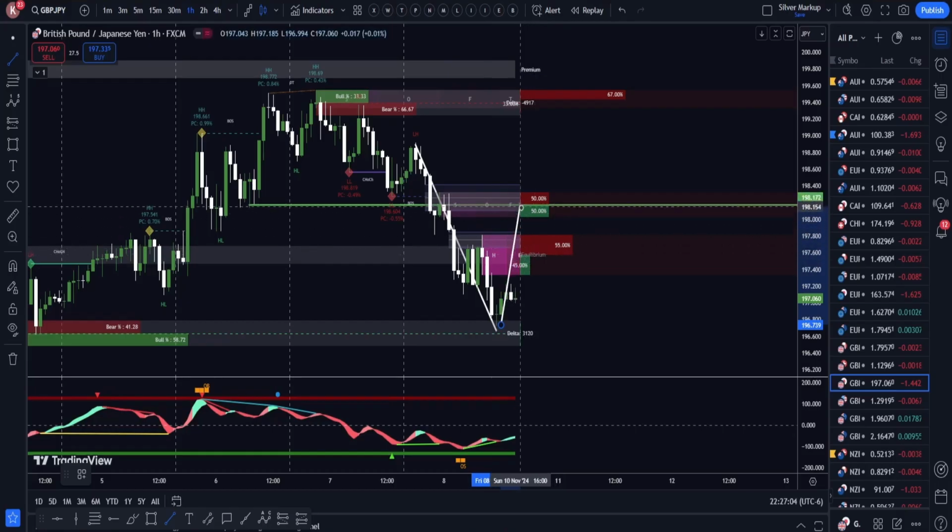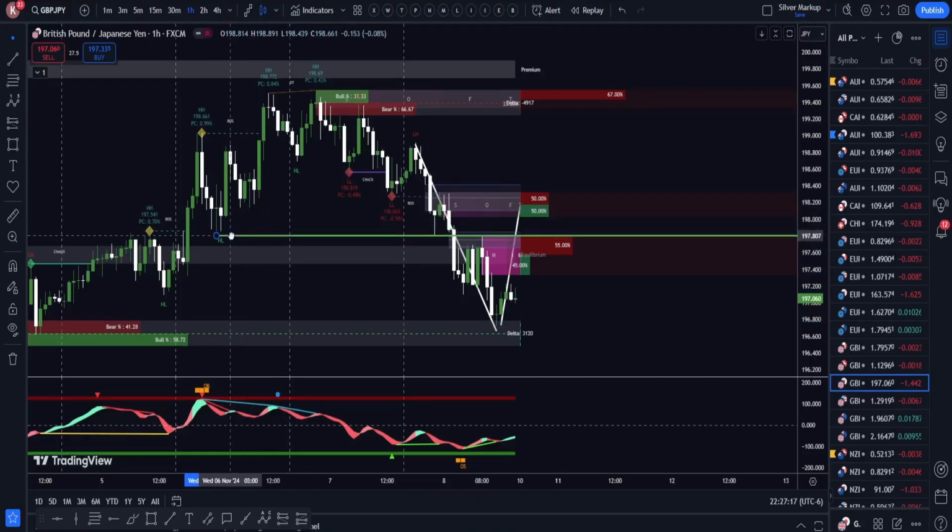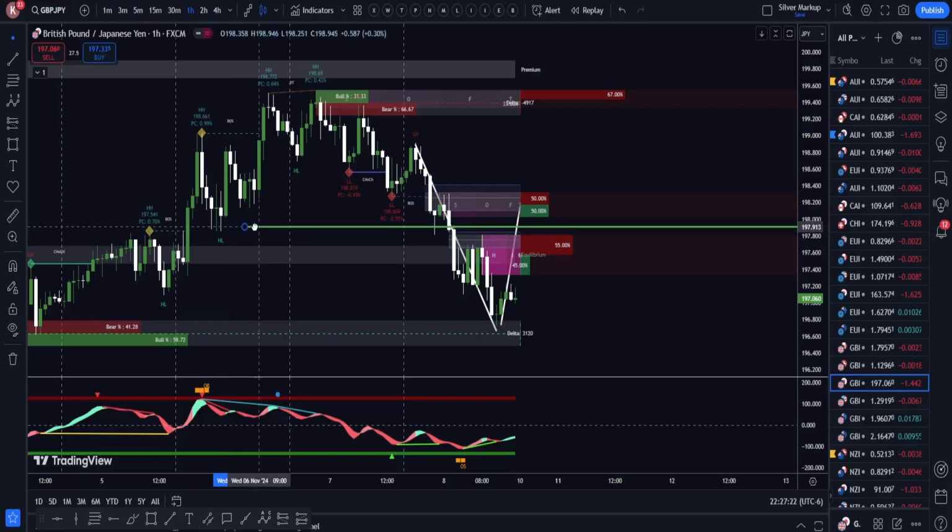Next point would be right here for multiple reasons. One, it was the significant higher low in the market. You even had the indicator use this one. Like I said, you could have used either one in this scenario.